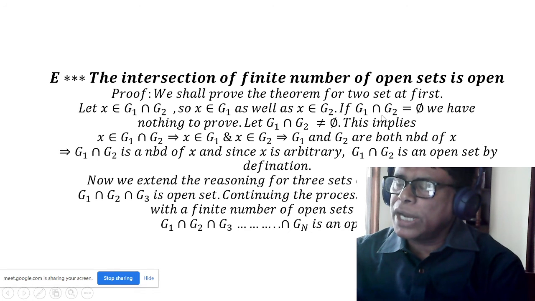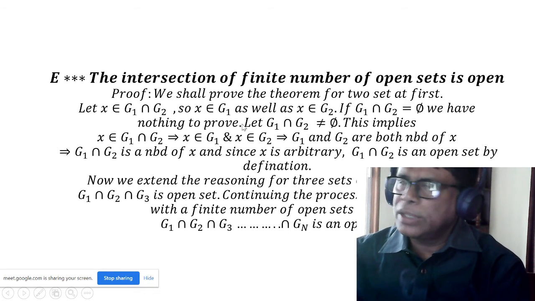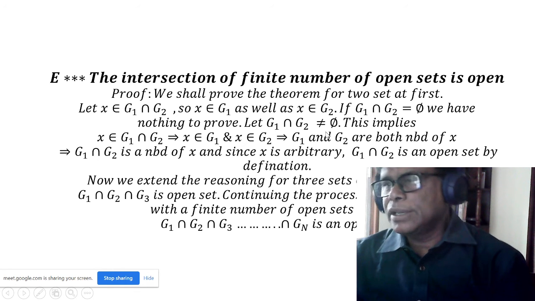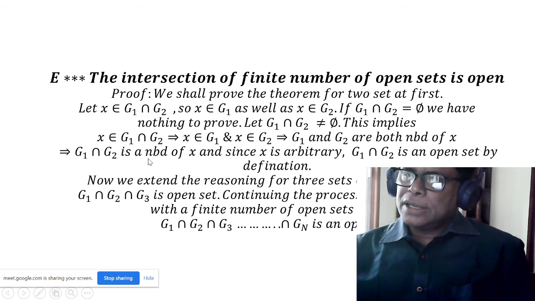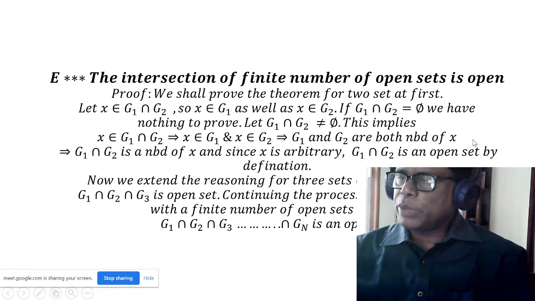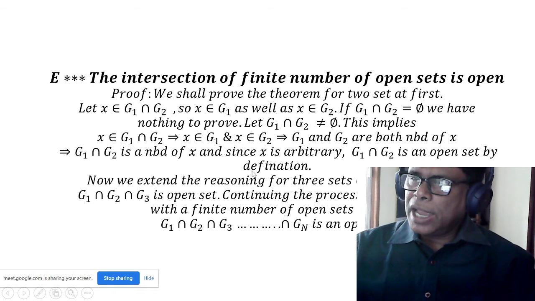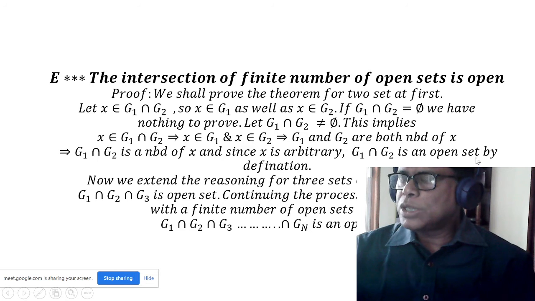If the intersection of G1 and G2 is phi, then we have nothing to prove. But suppose it is not phi, then X belongs to G1 and X belongs to G2. This implies G1 and G2 are both neighborhoods of X, so their intersection is also a neighborhood of X, as we have proved earlier. Since X is arbitrary, G1 intersection G2 is an open set by the definition.